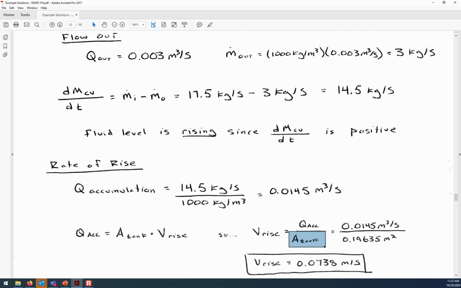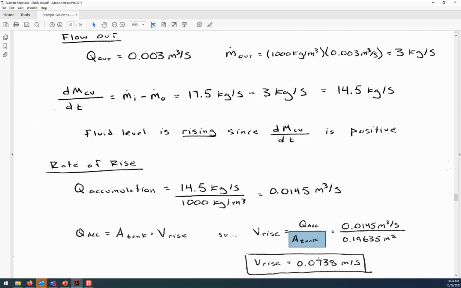But for the situation that's described here of a 0.5 meter diameter tank and the area that gives us, then that means that the rise of the water is going to be 0.0738 meters per second, or essentially 7.4 centimeters per second. So it's going to be rising relatively slowly.